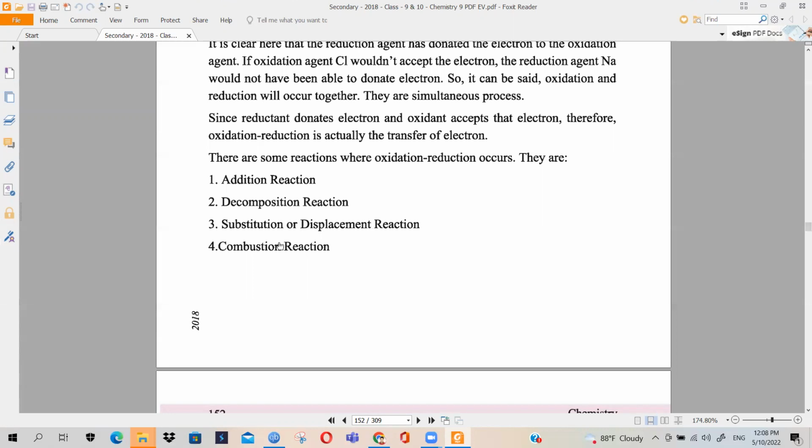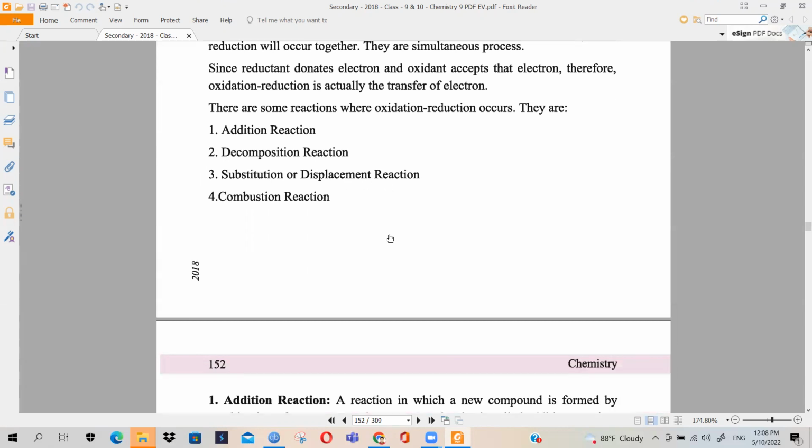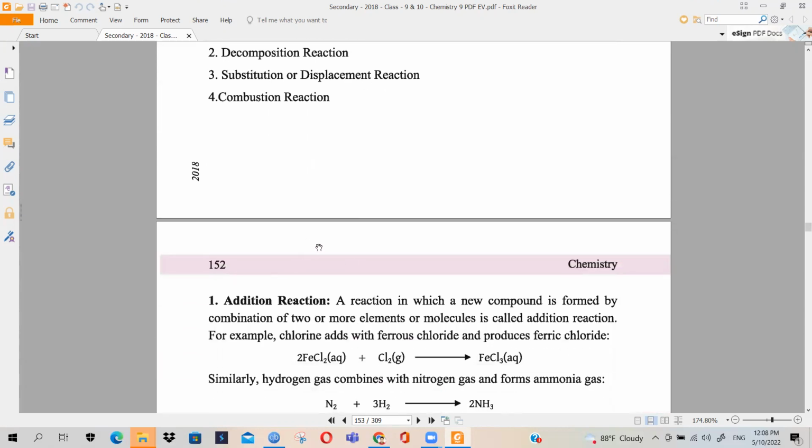Oxidation reduction reactions are of 4 types at your level: addition reaction, decomposition reaction, substitution or displacement reaction, and combustion reaction. I don't know if they will be included in your syllabus, but let's go through them.